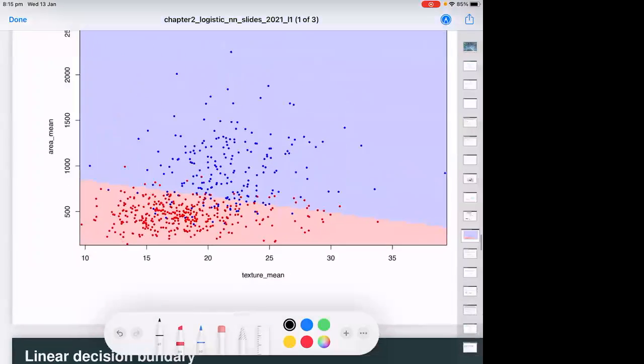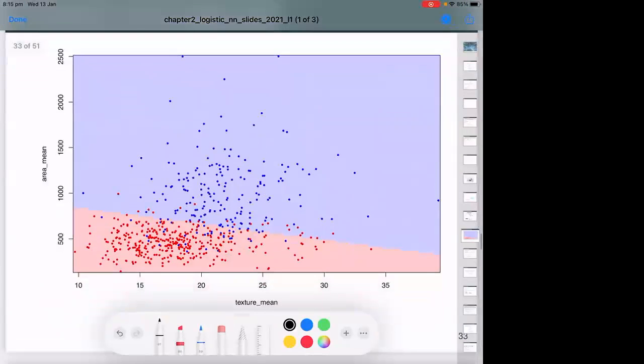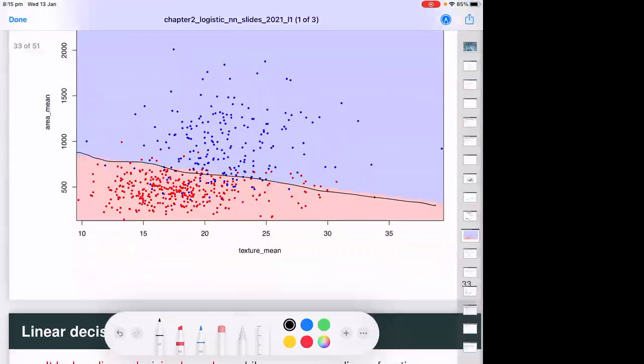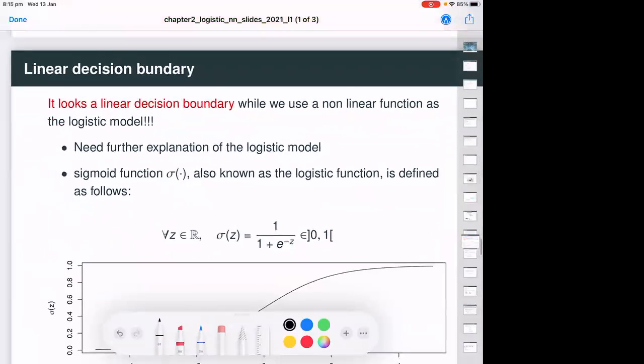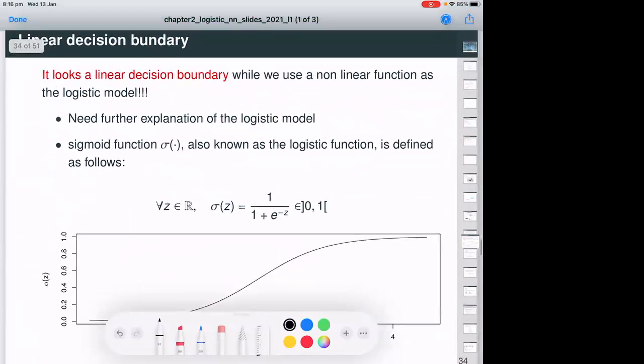After this line, below is predicted red, and above is predicted blue. So why is it a linear decision boundary? This is my question. Because we use an activation function that is non-linear, but my decision is linear.